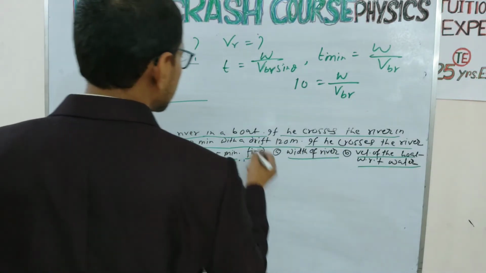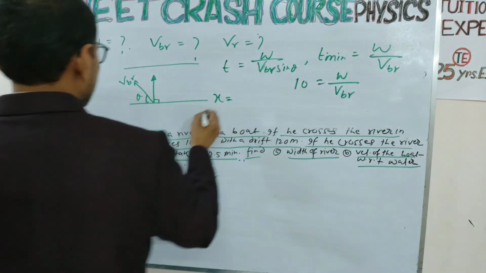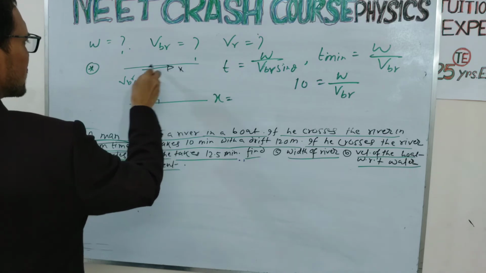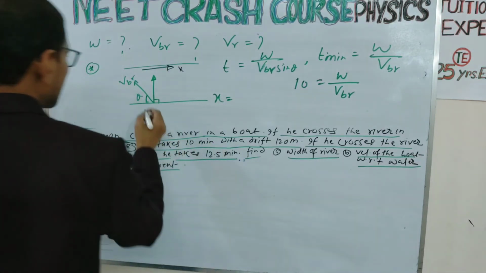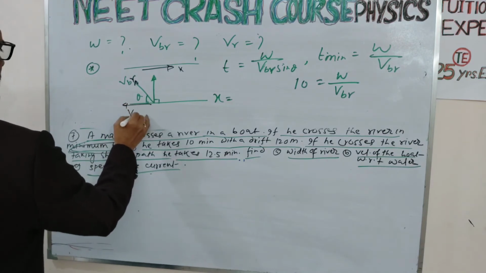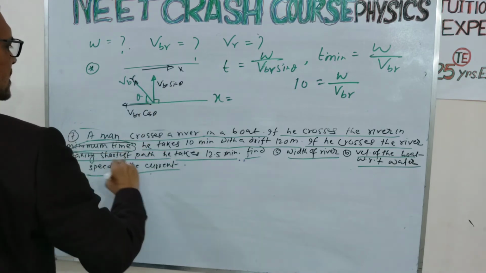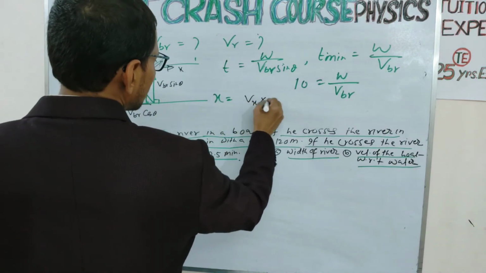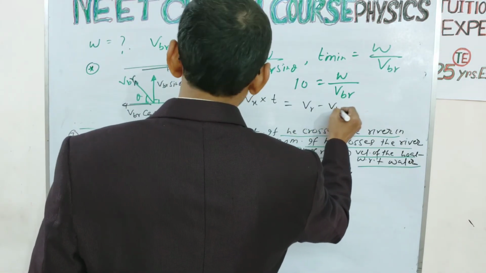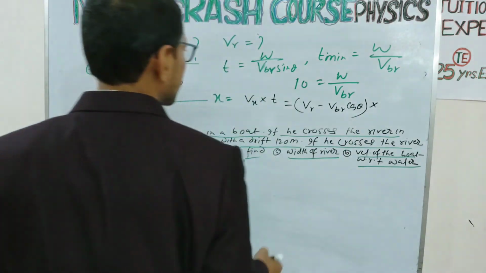Now here the depth is along this direction. So what is the depth? Along this direction this is VBR cos theta and this is VBR sin theta. So depth equal to velocity along x direction into time taken, so Vx equal to VR minus VBR cos theta, into time taken, here 10.